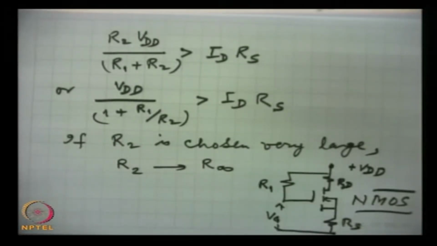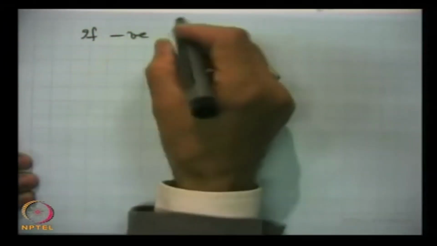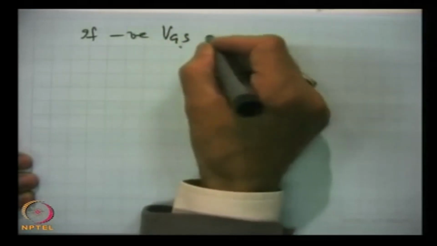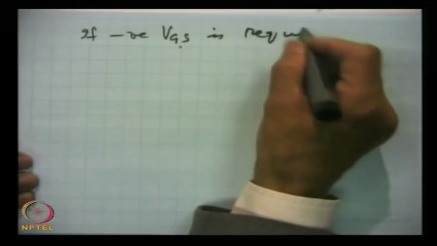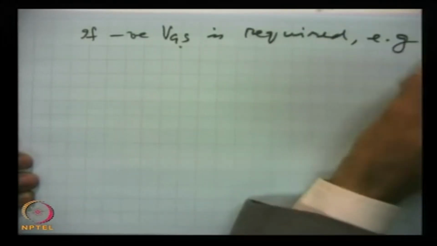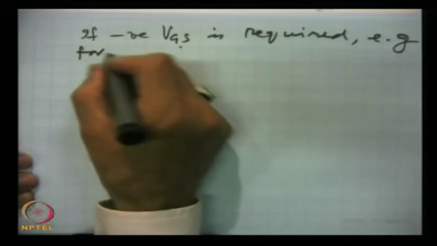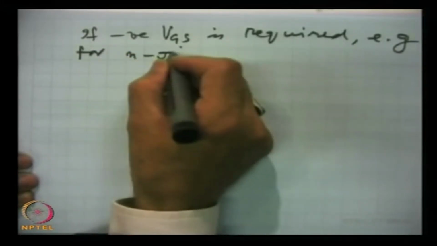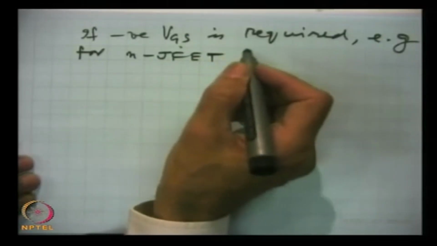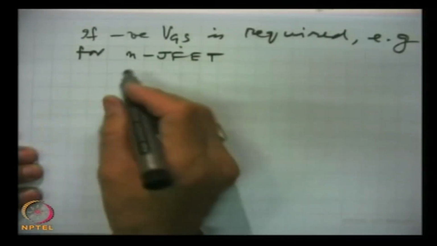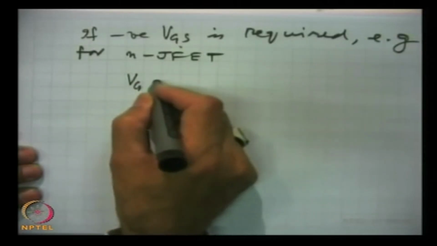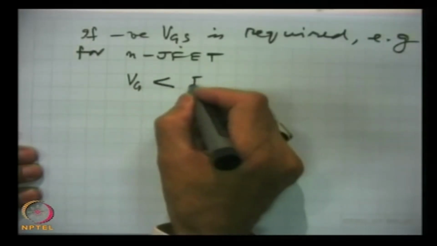And if we intend to get a negative voltage, when negative gate source voltage is required, negative VGS is required, for example, for biasing an N JFET or PMOS, then Vg has to be smaller than ID RS.